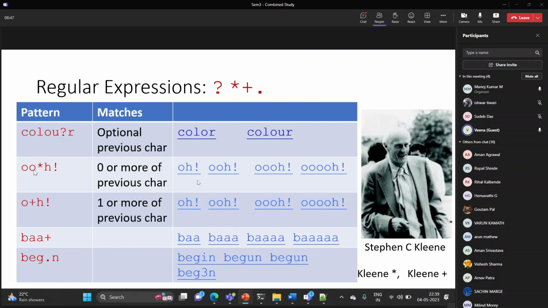OH exclamation is needed, but in between, how many O's we can define. The same here. Here one O we are telling. Here we are not keeping two O's. This one is mandatory. In the first case, if we just put one O and then O star, sorry, instead of this O star H, if we are keeping that, that means only H exclamation can also come. That's why they are adding 2 O's.